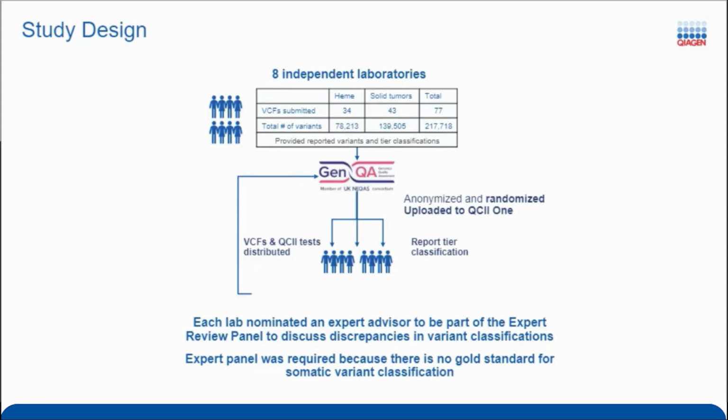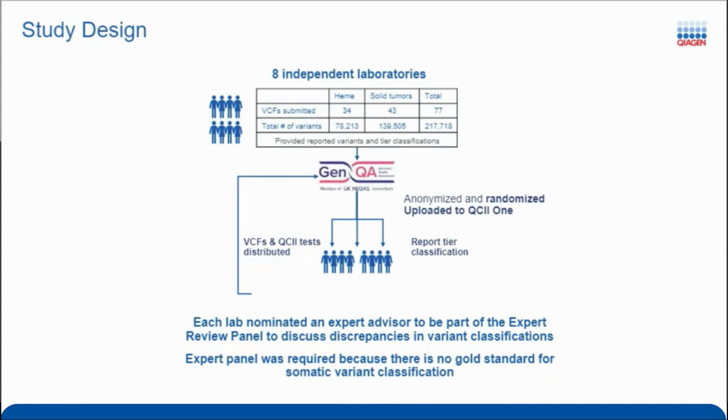However, one thing that I think the ultimate thing we did find with the study is there are still differences in the classification of variants. And that's true between different laboratories, i.e. different individuals doing the classifications. And there were differences also between the classification of variants between individuals and QCI.